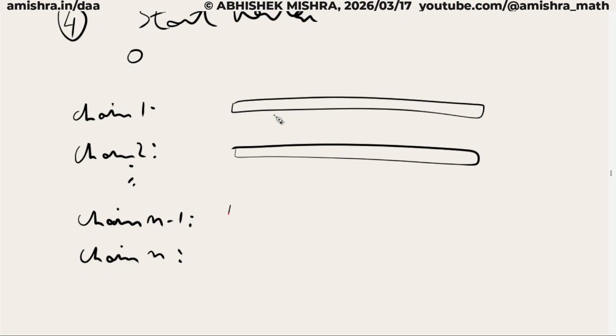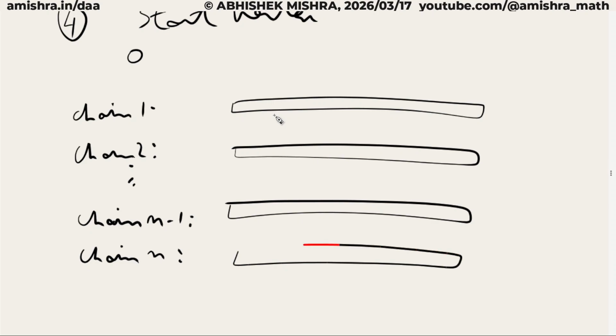Assume that each is a double chain having 4m vertices. From the start vertex we make a directed edge to the first vertex and also to the last one of chain 1.